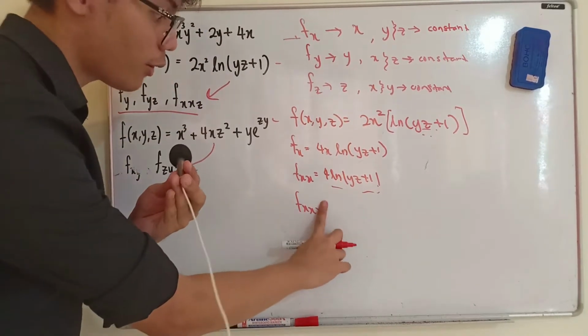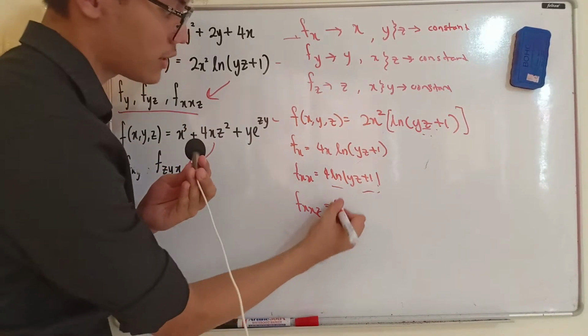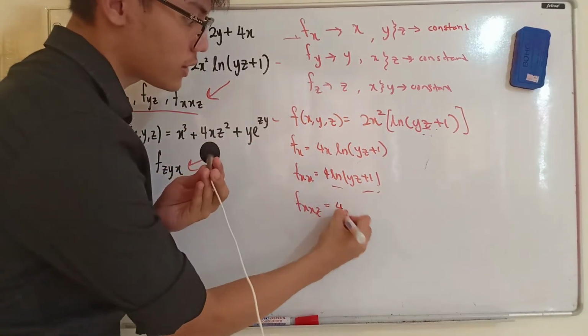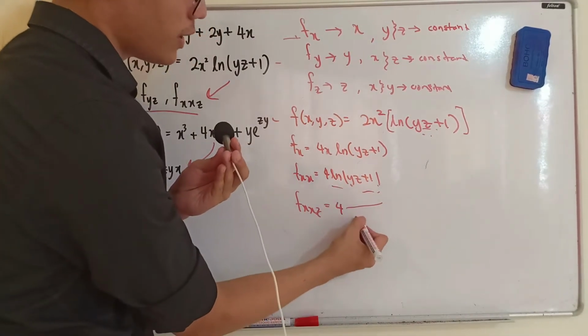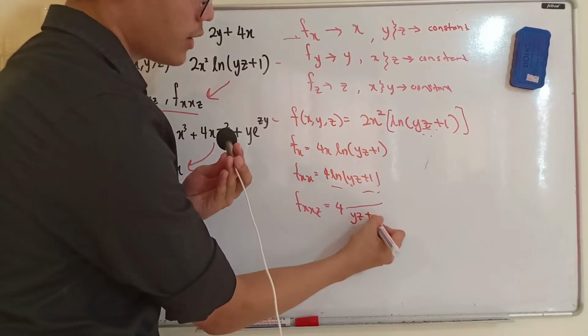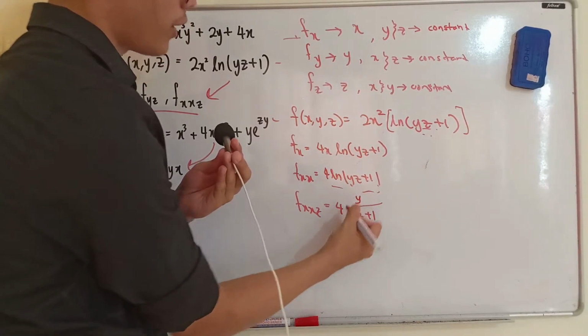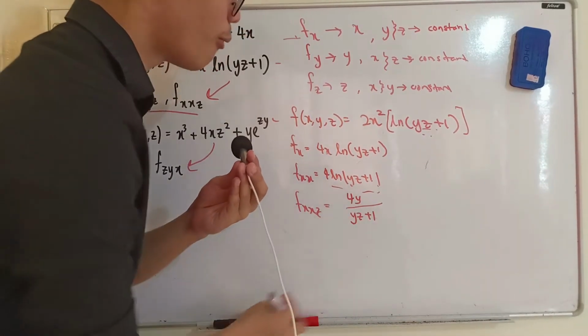But now your question wants z, so you need to differentiate z. So your 4 is going to be constant, your y is going to be constant. Now differentiate ln, your inner part is going to be your denominator, and then y over here. So your last answer is going to be 4y over yz plus 1.